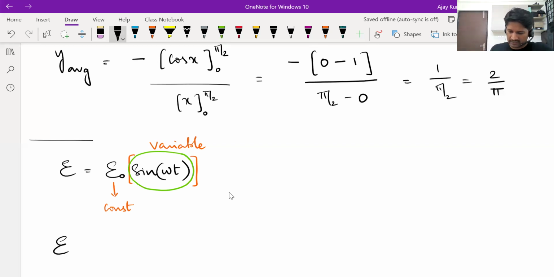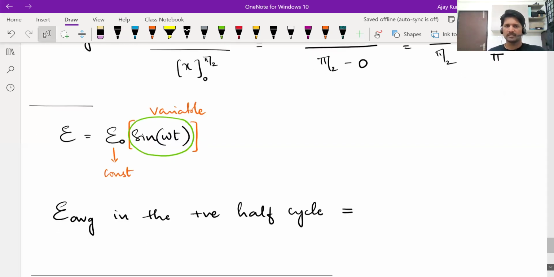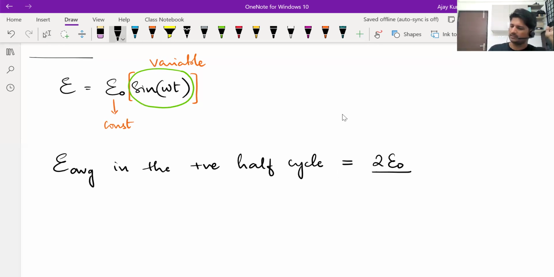So you can say that the average EMF in the positive half cycle. Can one of you tell me the value now? It is E naught multiplied with the sine function, and you know the average of the sine function. So tell me, 2 what? E naught by pi. It will simply be 2 E naught by pi.